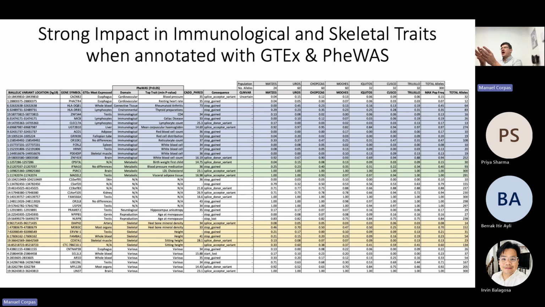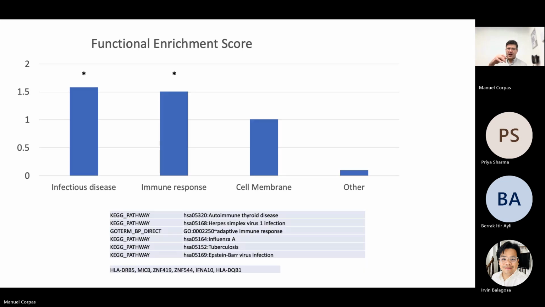And now I'm going to see whether there's some kind of clustering, whether there's some kind of dominant functional theme around this list of 23 highly frequent rare genes. And guess what? Statistically speaking, I have a significant enrichment for those genes involving infectious disease and immune response.